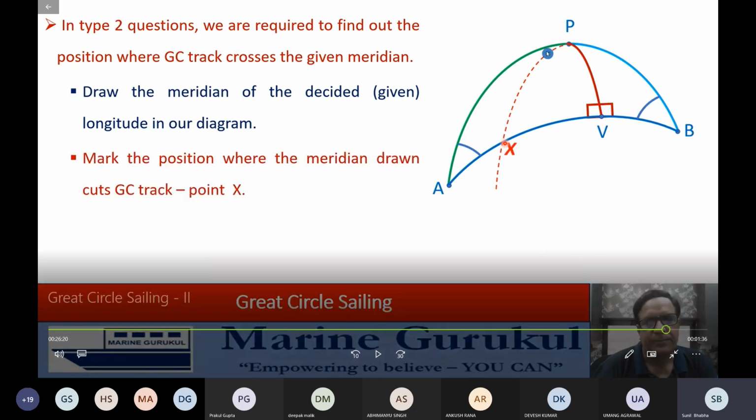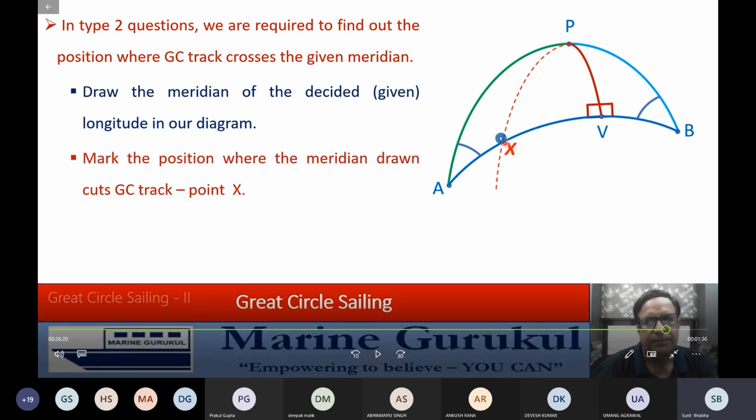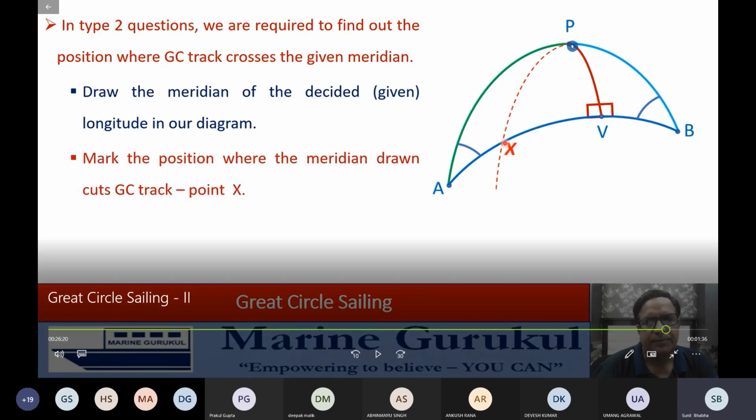We calculate side PX, Papa X-ray. So with angle P and side PV, we solve the triangle for side PX. Now once you get PX, we know PX is the colat of position X. 90 minus PX gives us the latitude of X.